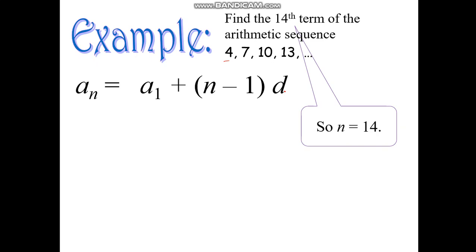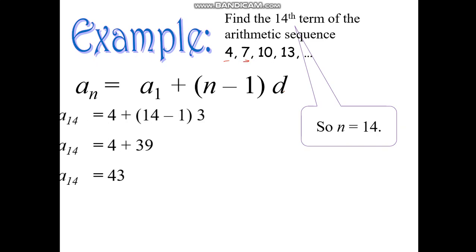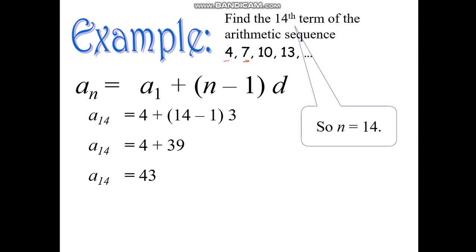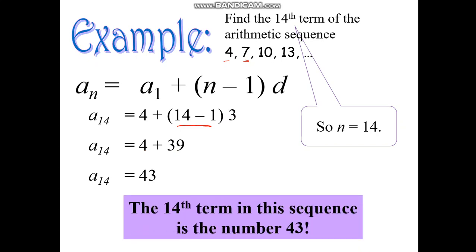My common difference is 3. So I have 4 plus 14 minus 1 times 3. We do what's in parentheses first, so that's 13. 13 times 3 is 39. 39 plus 4 is 43. So the 14th term in the sequence is 43.